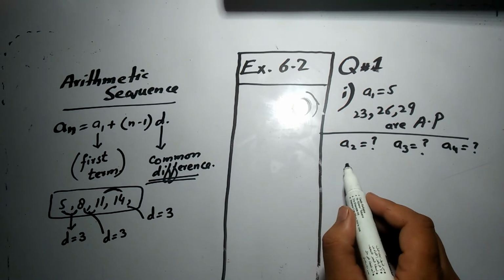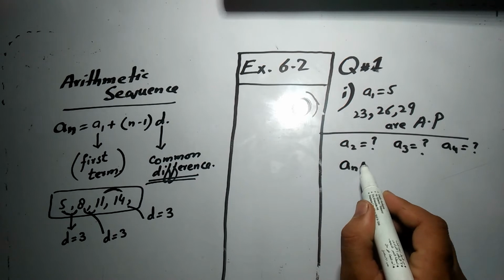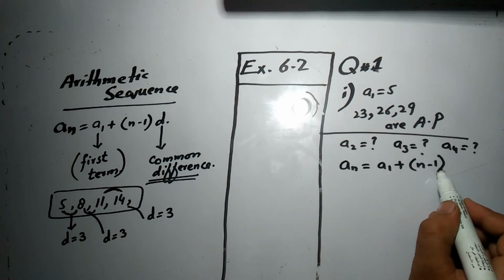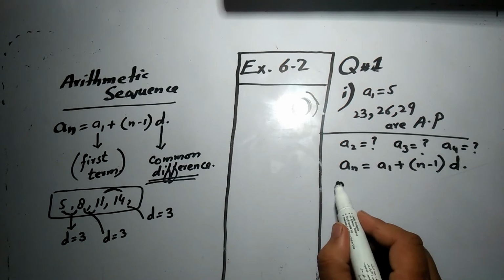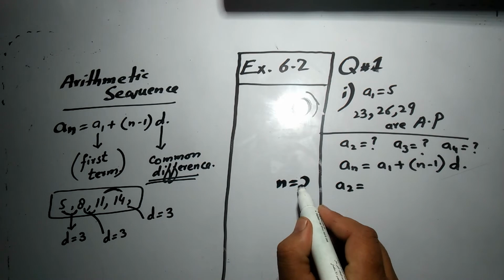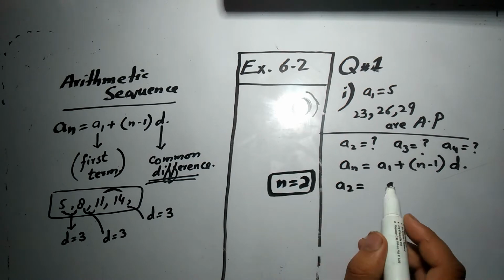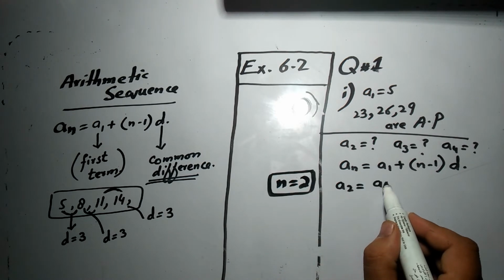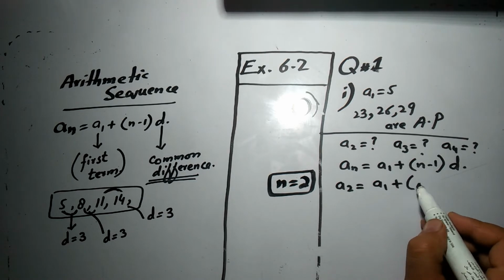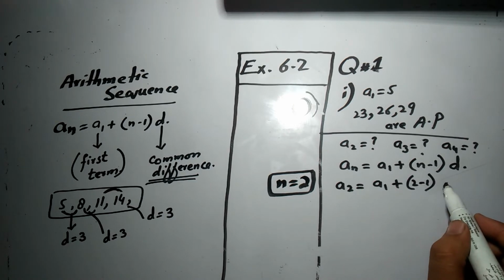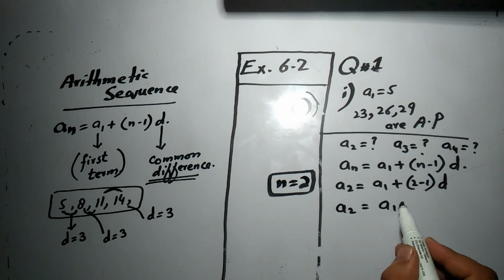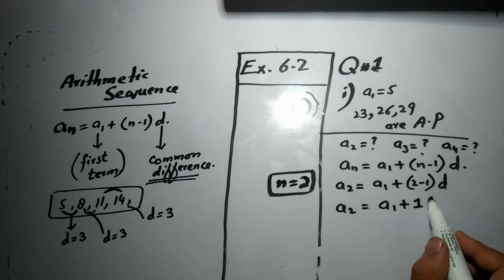To find a2, we know that the general formula is an is equal to a1 plus n minus 1 d. So for a2, here n will be equal to 2. So a2 will be equal to a1 plus 2 minus 1 and d, so a2 is equal to a1 plus 1d.